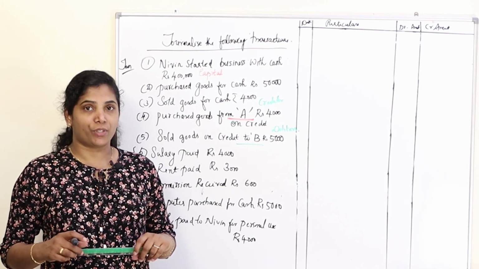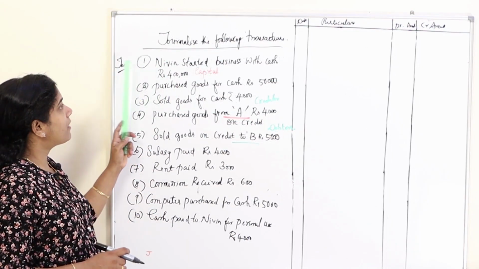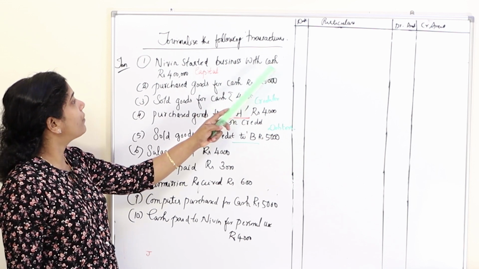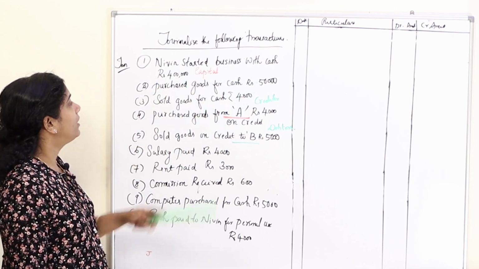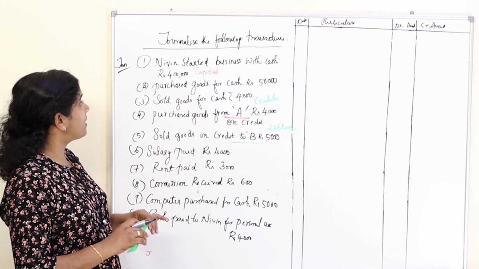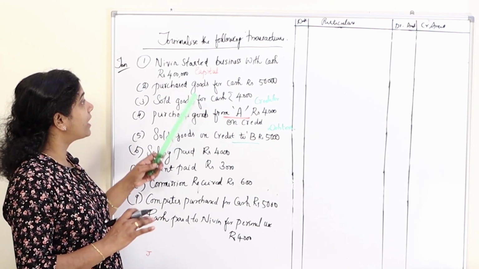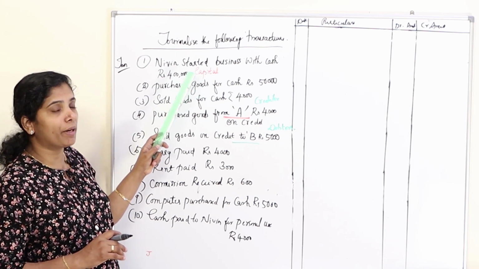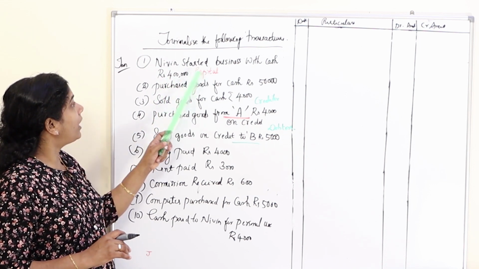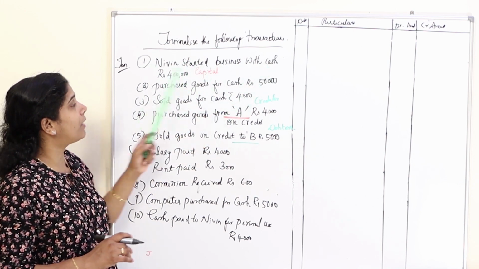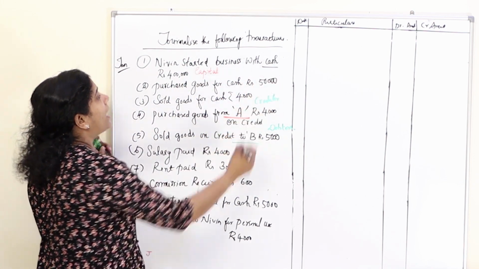Okay, let's go for a question. Please listen. Journalize the following transactions. First one, Nivin started business with cash rupees 4 lakh. When the owner is bringing cash into the business as an investment, we call it capital.